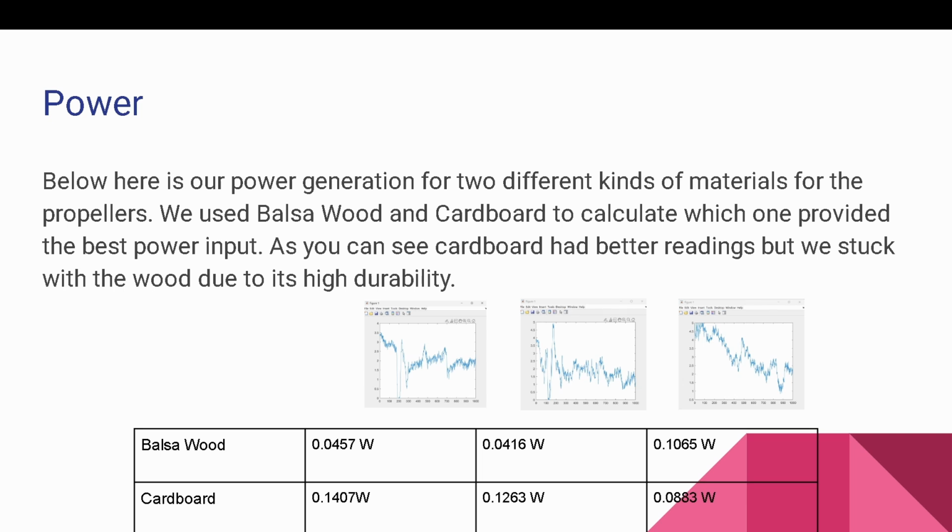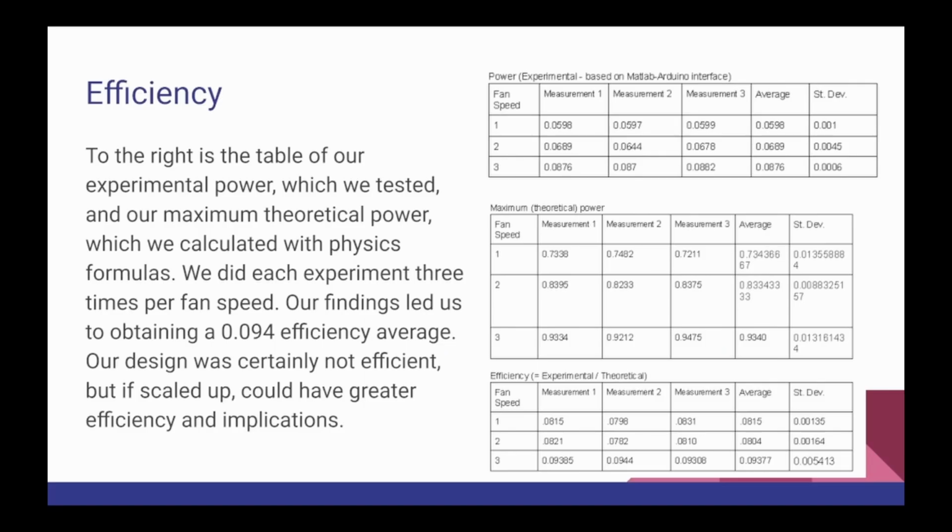And these are the graphs that we found in MATLAB, which show our readings. On the right is our table of experimental power, which we tested, and our table for maximum theoretical power, which we calculated using physics formulas on the experimental power tests.